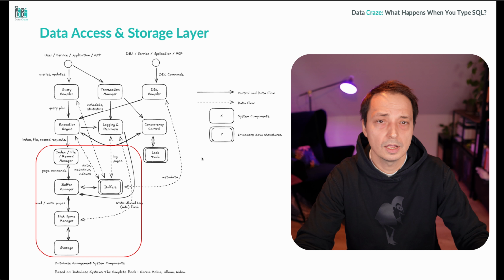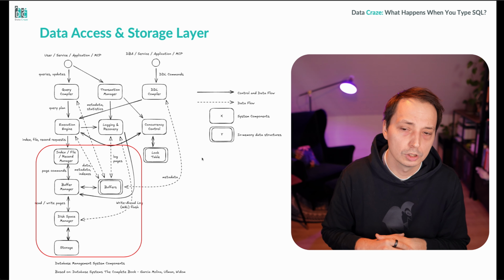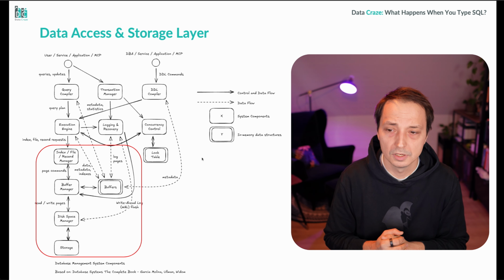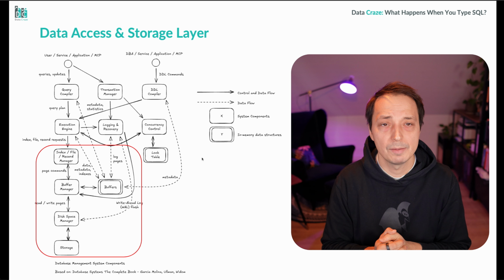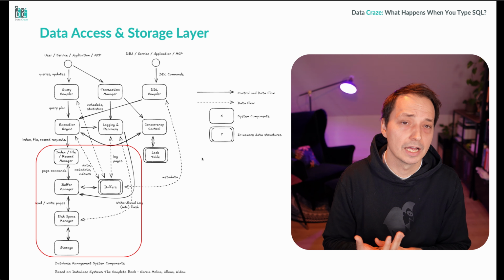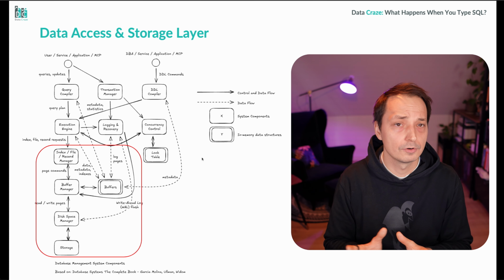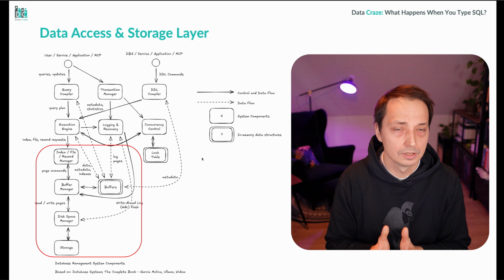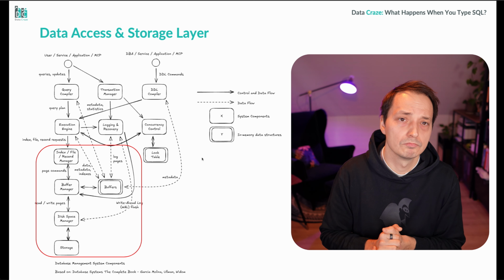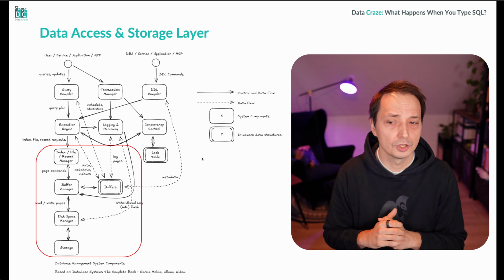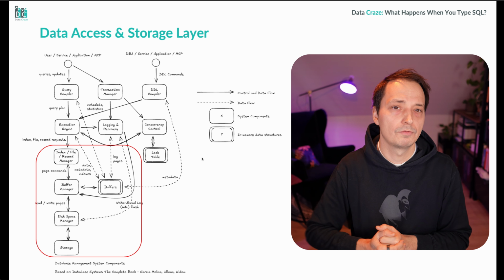Next, the data access and storage layer. Here, this is combined into multiple elements. Let's start with the buffers and the buffer manager. The buffer manager is a place responsible for checking if the thing that you are requesting can be taken from a much faster in-memory cache. For instance, you want to query a certain product from a product table, and this exact query was executed just right before yours.